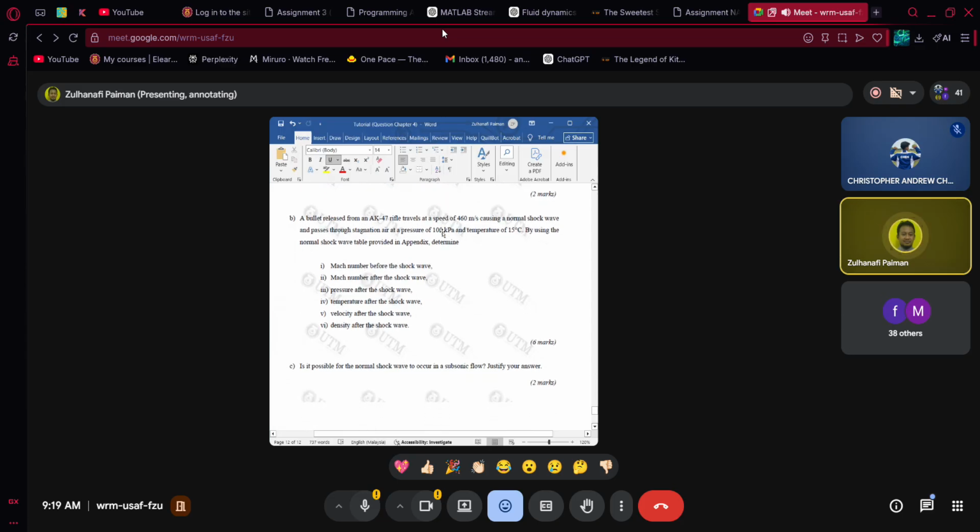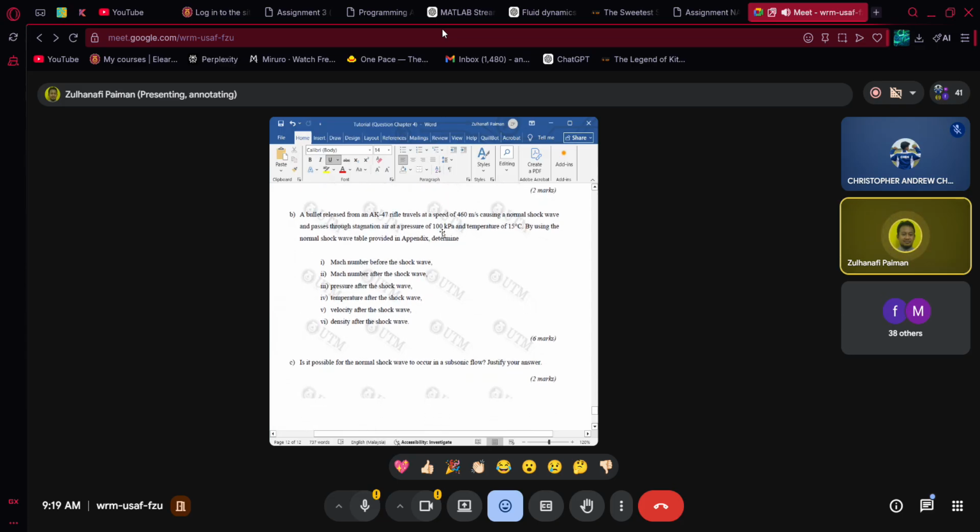And then for question B, try to do this. A bullet released from an AK-47 rifle travels at a speed of 460 meter per second, causing a normal shockwave and passes through stagnation air at a pressure of 100 kPa and temperature of 15 degrees C. By using the table, determine the Mach number before the shockwave, after the shockwave.